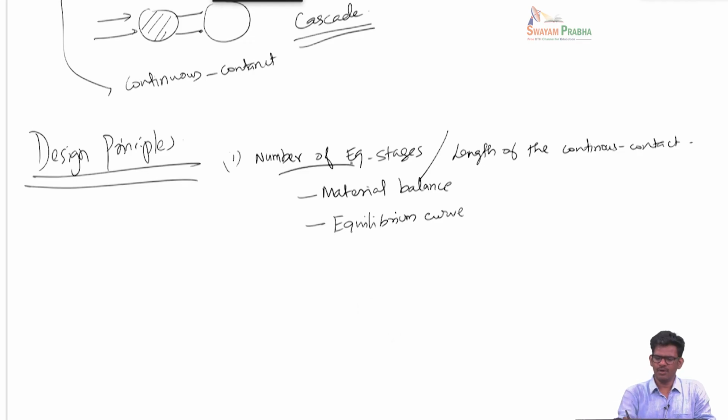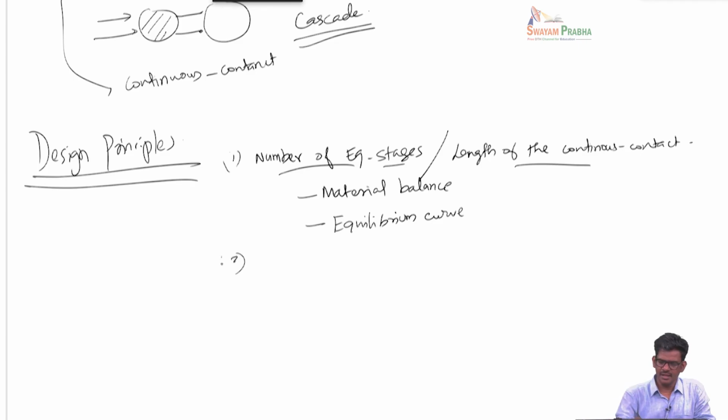There is a thermodynamic limit to which you can separate a compound from a mixture, and that is given by the equilibrium curve, which is very specific for a given system. Along with this, the material balance also has to be followed. So with these two pieces of information, we will be able to find the number of equilibrium stages, or the length of the packing in the case of continuous contact.